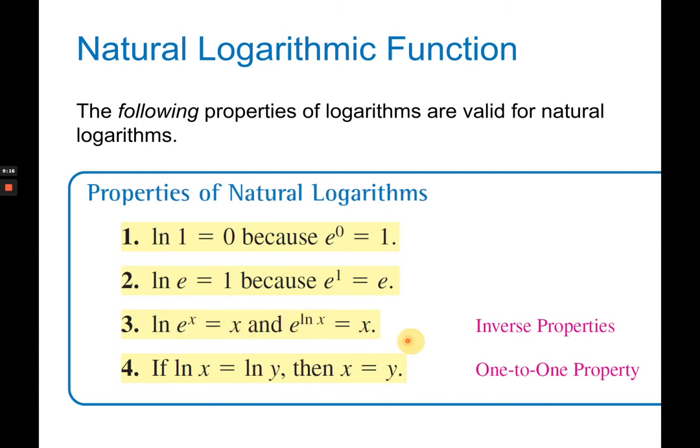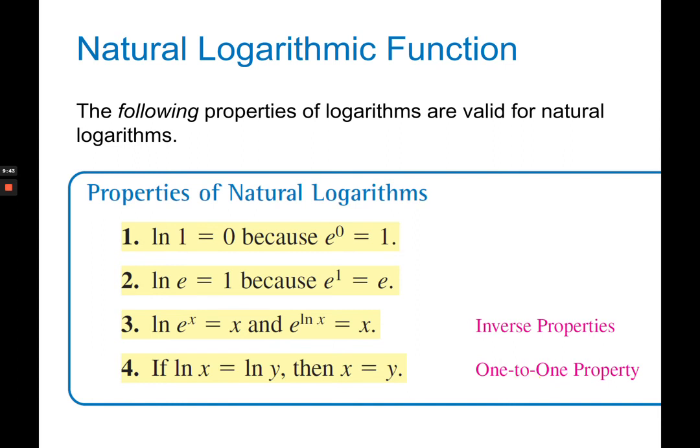This is a representation of your inverse properties. And the last is the one-to-one property: if ln of x is equal to ln of y, then we can just cancel ln, which is the natural logarithm representing logarithm base e, and x is equal to y. This is your one-to-one property.